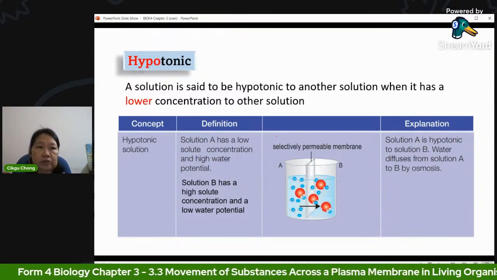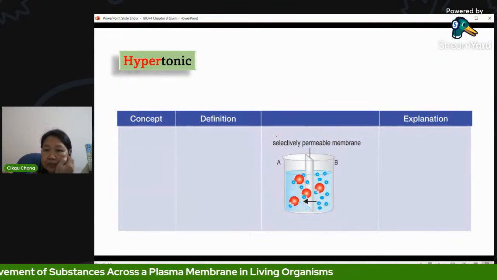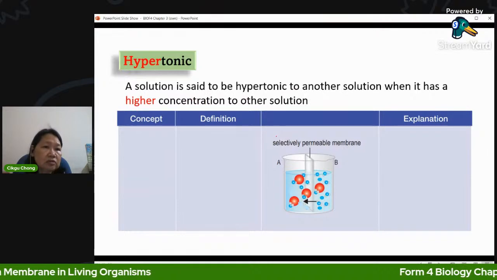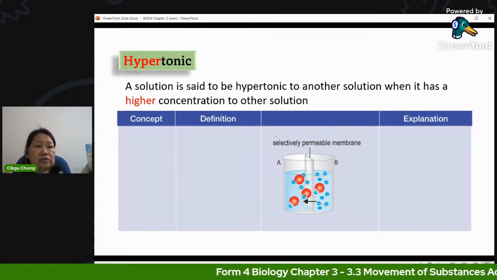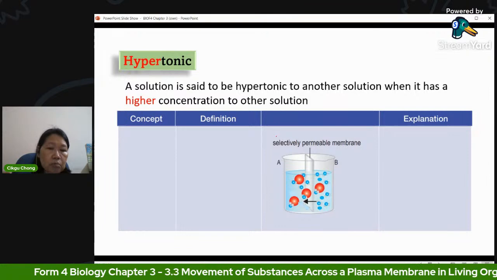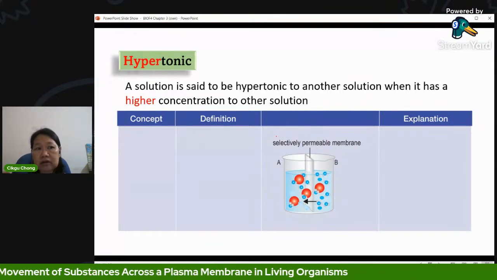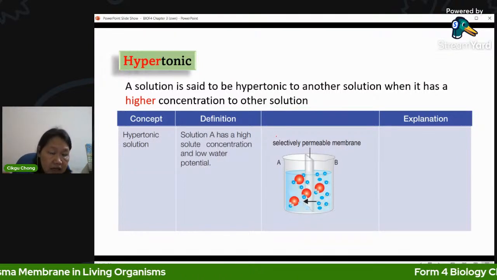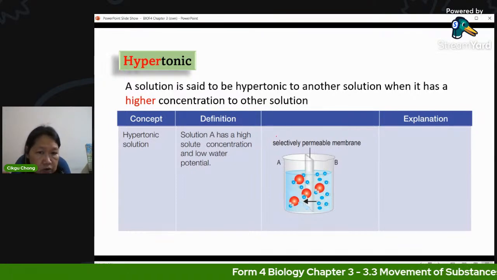Okay. Now, next one. When we talk about a hypertonic solution, it's the opposite, right? A hypertonic solution has a higher concentration than another solution. It's the opposite concept, where you look for more solute but less water. That is hypertonic. Let's look at this one. In this case, solution A has more solute, which is 3 there, while B has only 1.